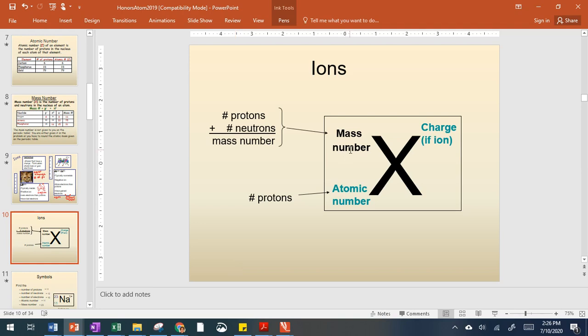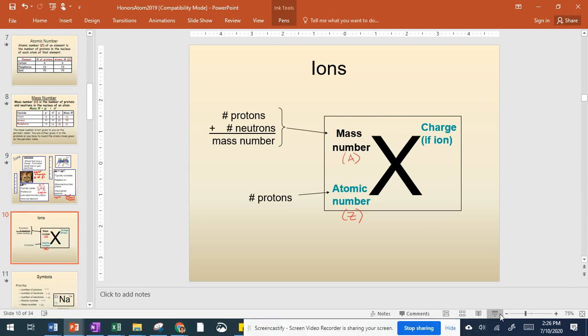So remember, I'll label this. This is your A, and this is your Z. The charge is written as a superscript on the right-hand side if you have an ion. If you do not see a charge, you can assume it's a charge of 0.